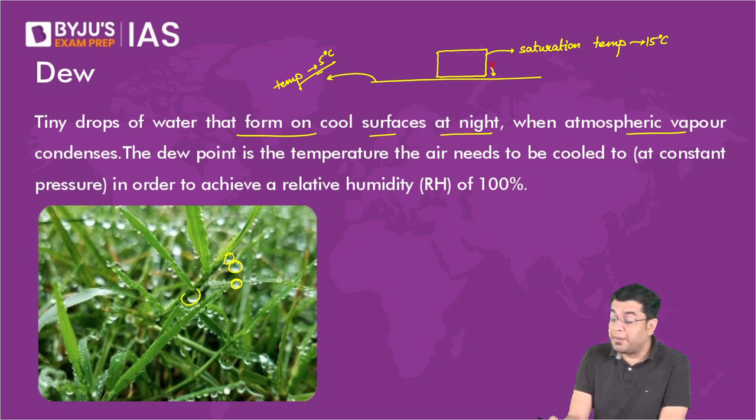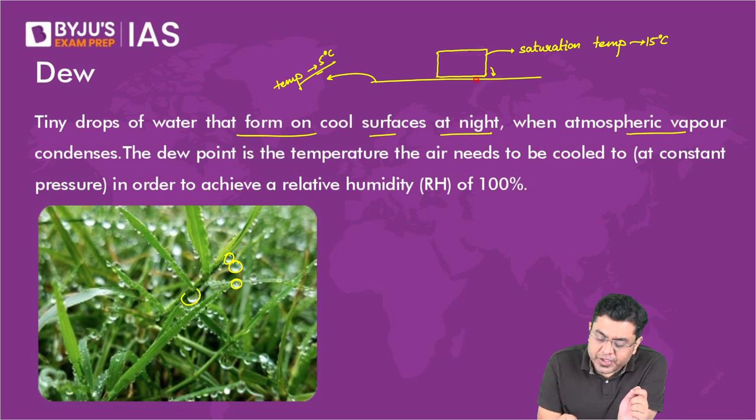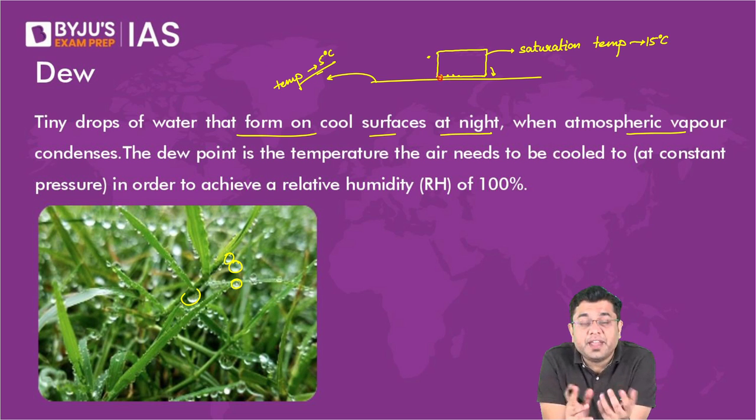Now, remember we talked about it in the previous week, that for condensation to happen anywhere, you require a surface. Without a surface, condensation can never happen. So if the condensation takes place, it will get deposited on the grass, or any metallic surface that you have, isn't it?